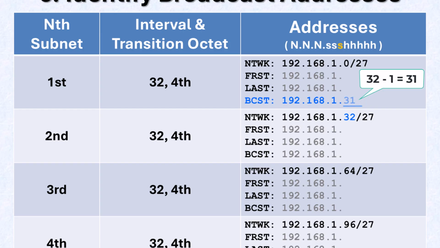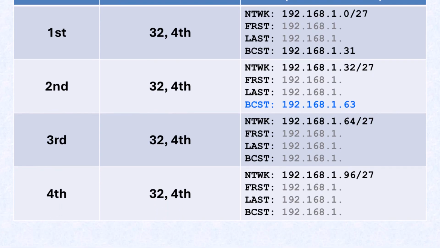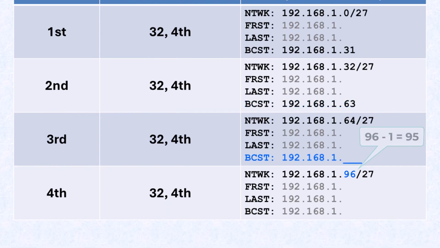This gives 31 in the transition octet. To get the broadcast for subnet 2, subtract 1 from the transition octet of subnet 3. This gives 63 in the transition octet. To get the broadcast for subnet 3, subtract 1 from the transition octet of subnet 4. This gives 95 in the transition octet.